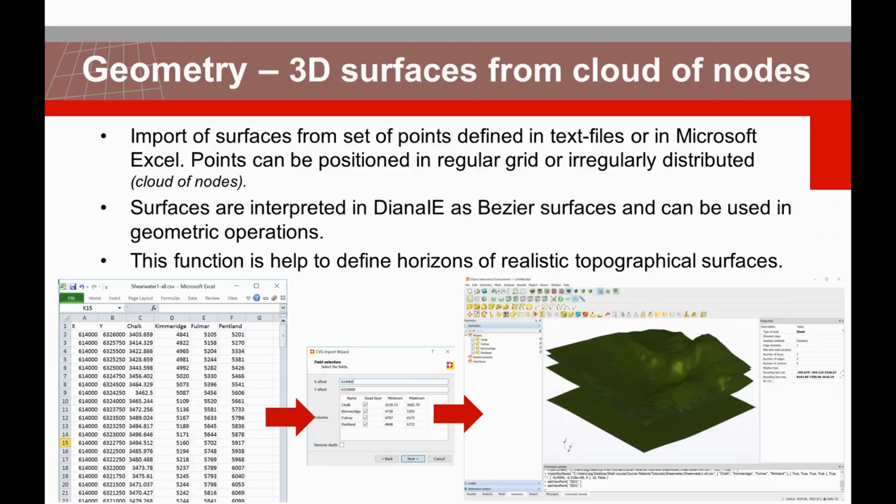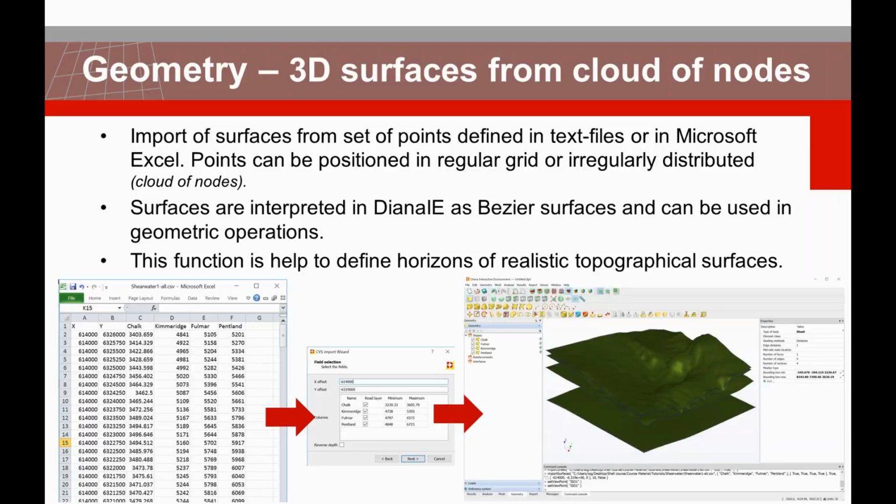The next one is a conversion of a cloud of nodes to a three-dimensional surface, specifically for geotechnical, tunneling, and mining engineers, all of those who want to model the real stratification and the terrain geometry of the ground. In that case, you may have boreholes, based on their position, based on the cloud of nodes.